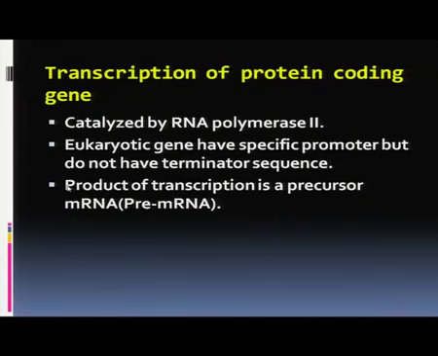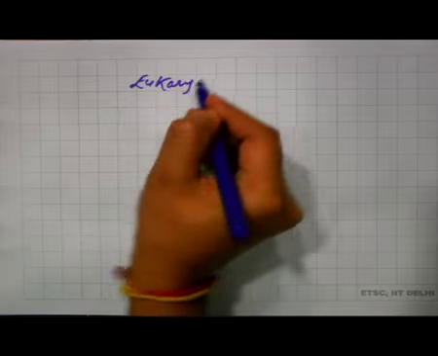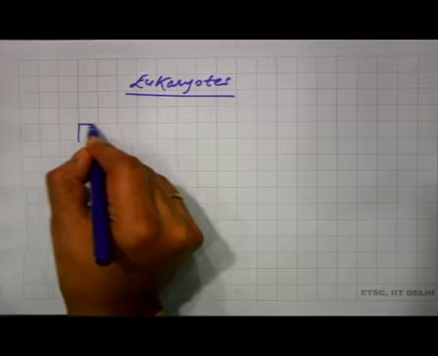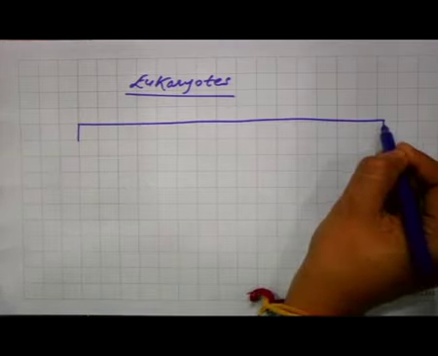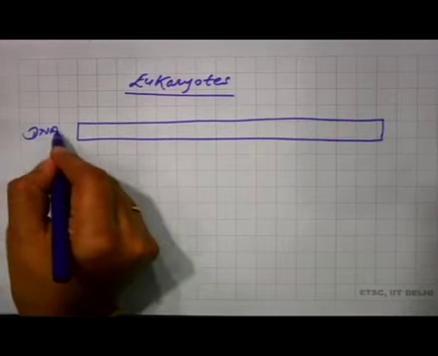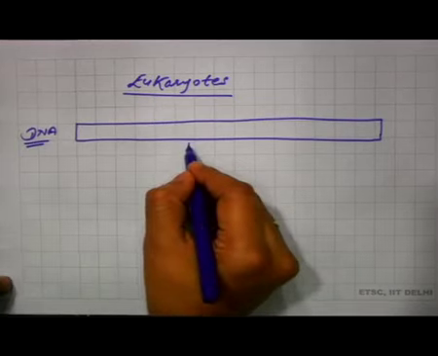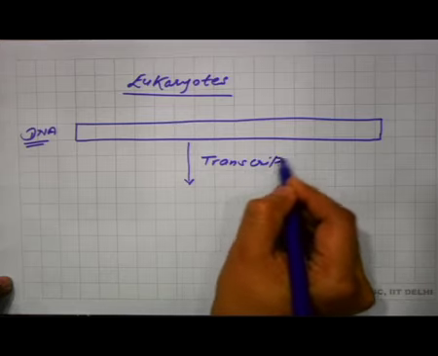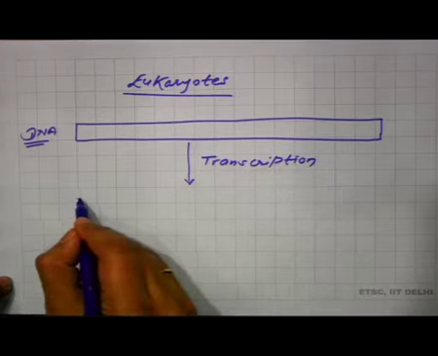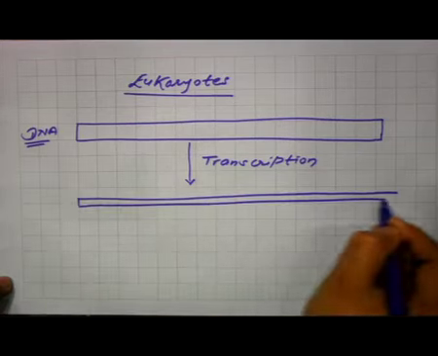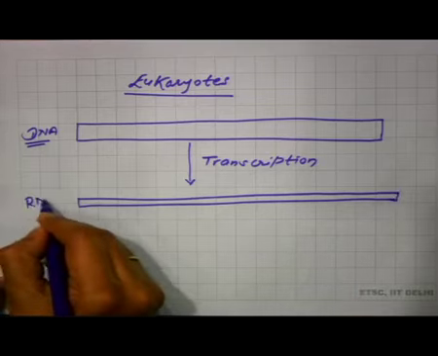So, let us understand. In case of eukaryotes, the DNA which is going to be transcribed to form the RNA will form single stranded RNA after transcription.